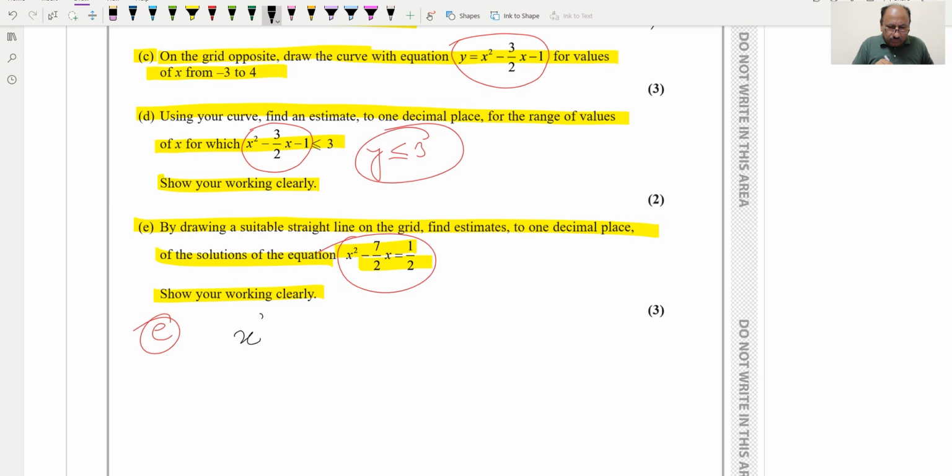We can take this equation x squared minus 7 by 2x, and this will be this portion which we got. This is same. No, this is basically 3 by 2. So we require this as 3 by 2. So what we will do, we will rewrite it as x squared minus 3 by 2 plus 3 by 2, which we don't have basically.